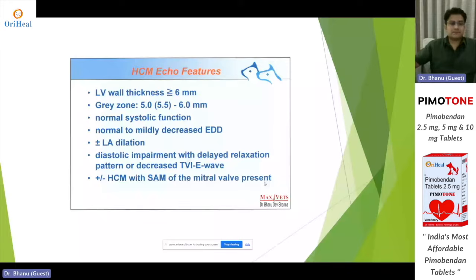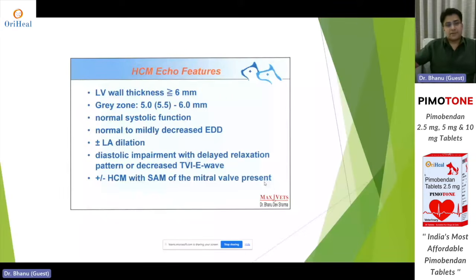HCM, as I said, is a diastolic heart problem. The systolic function and the contractility of the heart are absolutely fine in all HCM cases. There would be a normal to mildly decreased end diastolic dimension of the left ventricle.